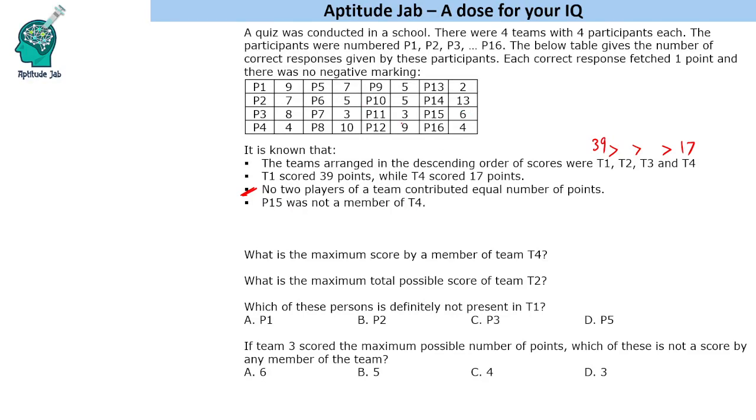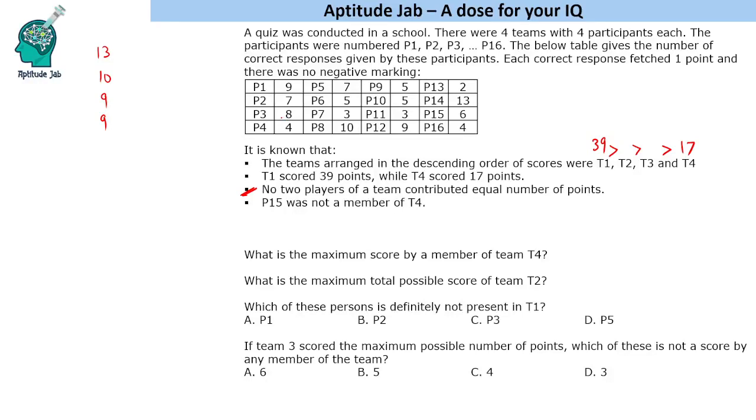Now, in order to solve this question, let us arrange these numbers in one particular order, either ascending or descending order. And accordingly, we will use this information to find out the different players. So let us arrange in descending order. The highest number is 13. Then you have 10. Then two players have 9 points.